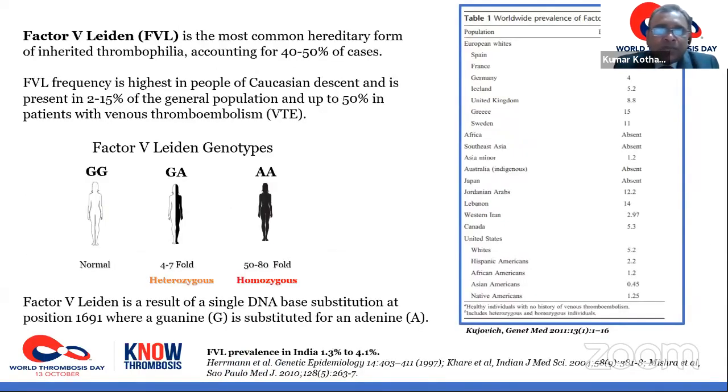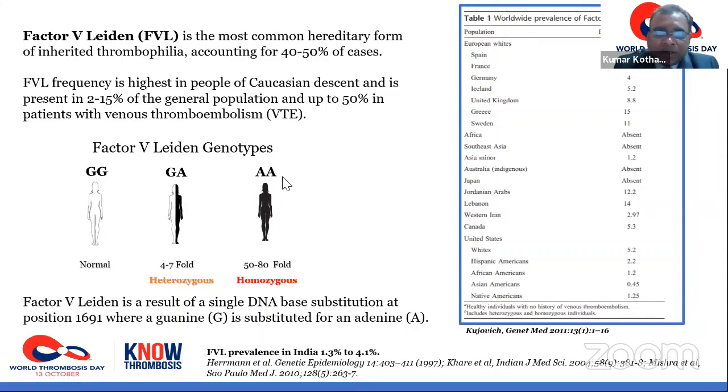Why do we want to look at factor V in highly hypercoagulable conditions like COVID? Because if we have a heterozygous genotype in factor V, there is a 4 to 7-fold increased lifetime chance of a thrombotic event.